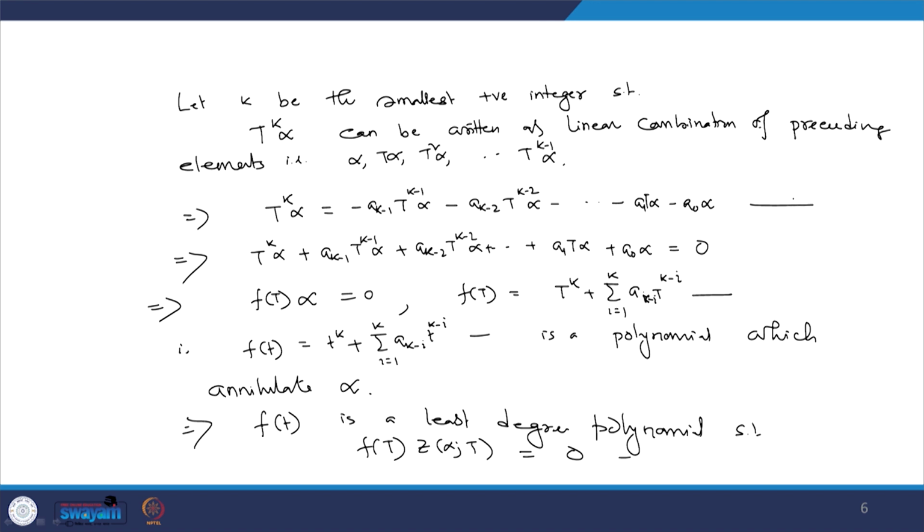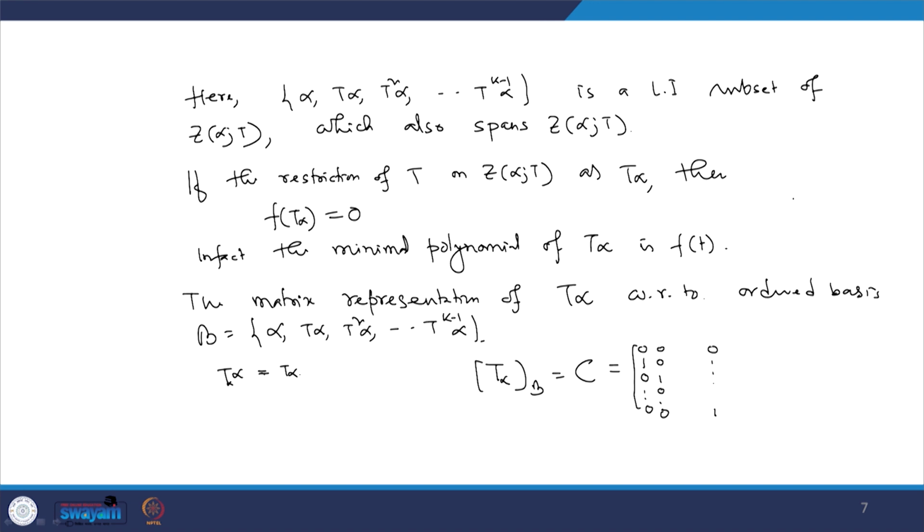If you see these expressions and take the coefficients, then I am getting minus a_0, minus a_1, up to minus a_{k-1}. Okay, so the matrix representation of T_alpha with respect to ordered basis B is equal to C.